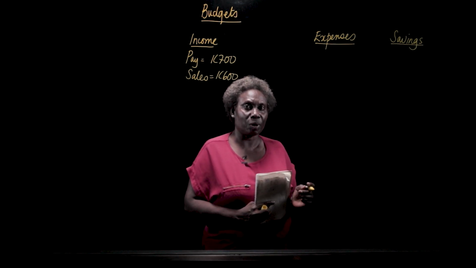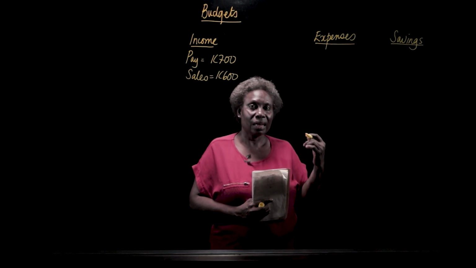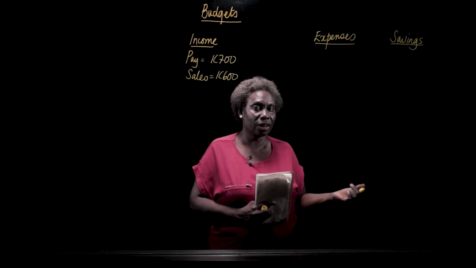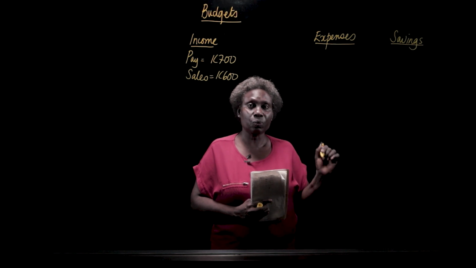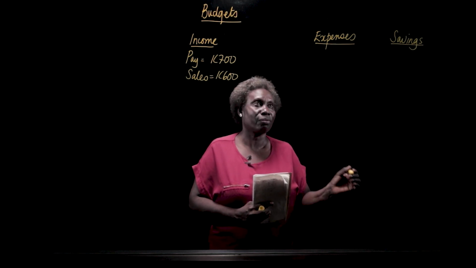Let's look at the expenses. We will look at the non-essential expenses and the essential expenses. When we refer to essential expenses, we are actually referring to the basic needs of the family.